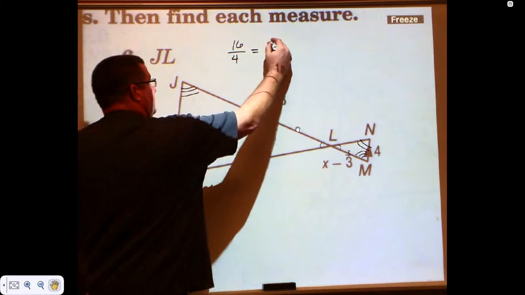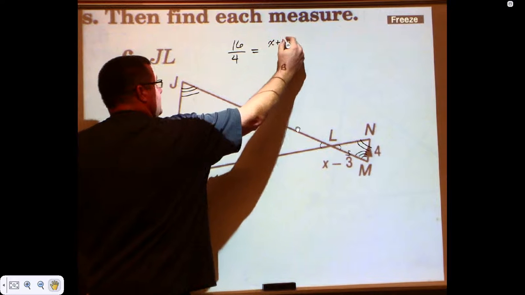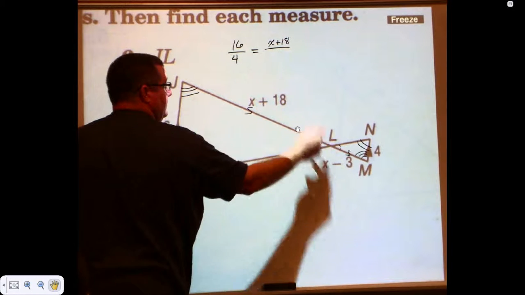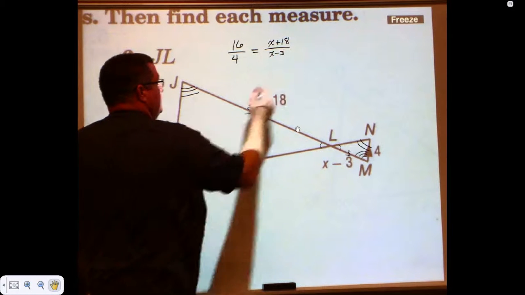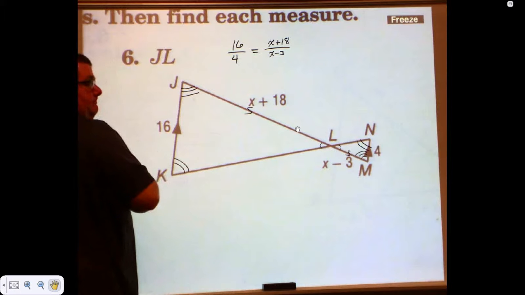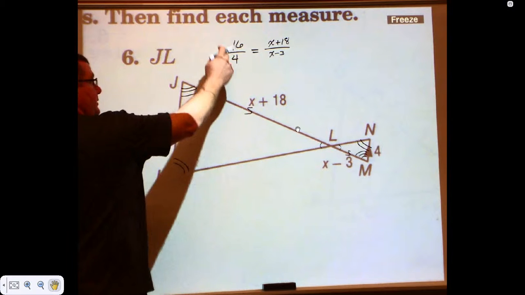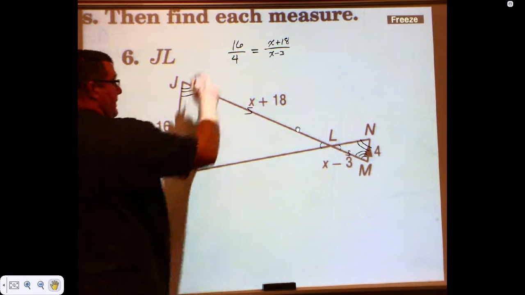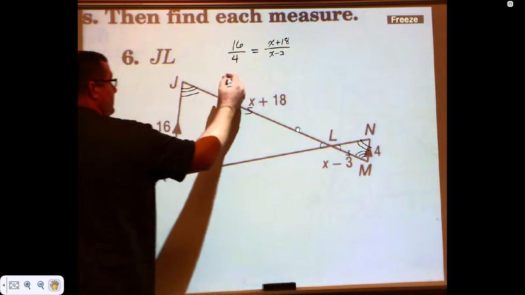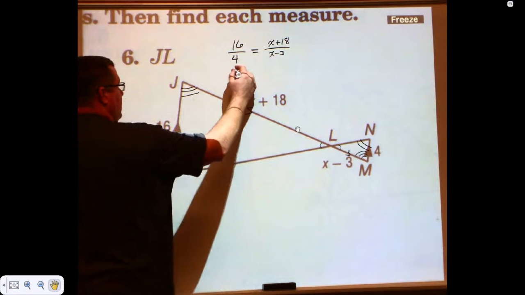So it's equal to what? What would go on top here? X plus 18 over what? I've gone the bigger triangle over the smaller, right? How am I going to find x? Cross multiply and solve.